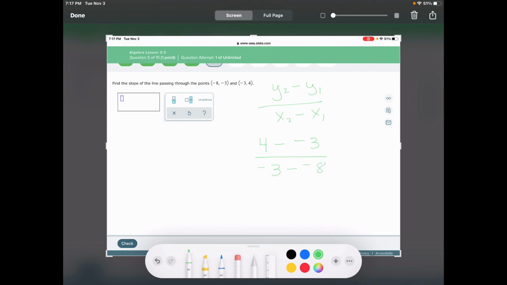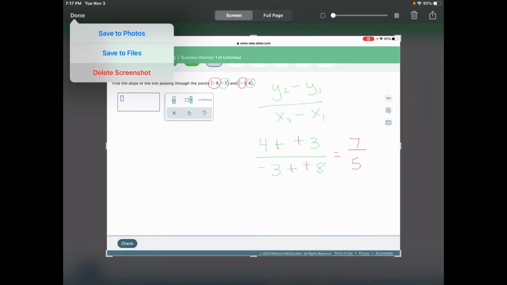So this is my pattern. Y2 minus y1 over x2 minus x1. Now I just have to deal with all these negatives. Lean on your calculator a little bit if you're not super accurate with these things. We have 7 on the top, 5 on the bottom. So the slope of the line is 7/5.